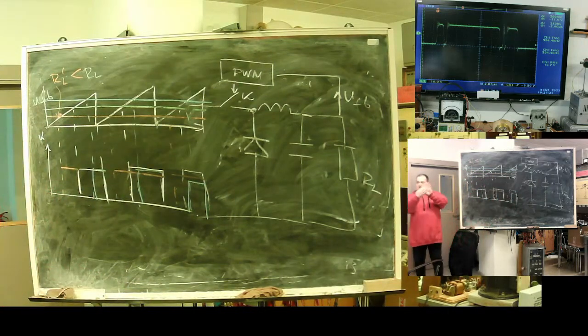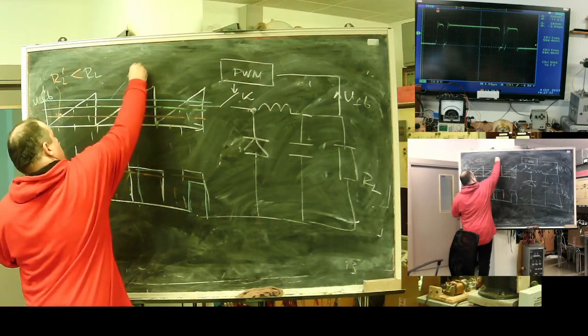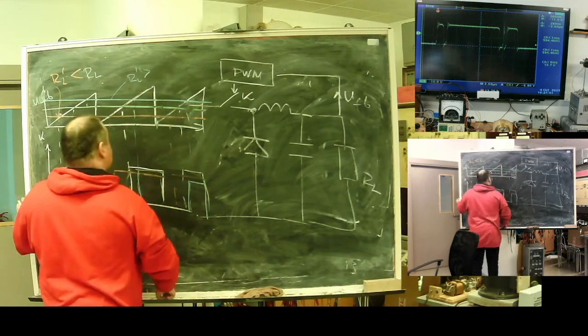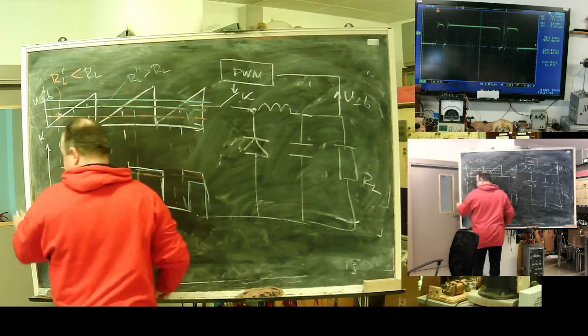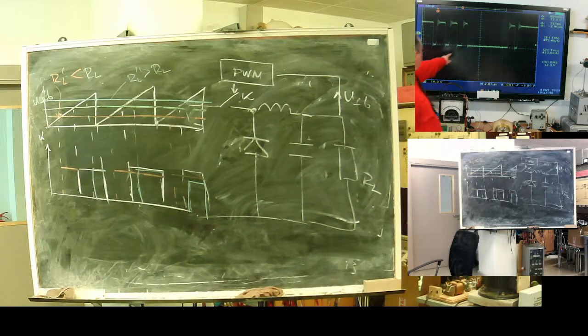Width of pulse decreases. The blue one is twice greater than the green. Here it is. 1, 2, 3, 3.5. Pulse decreases, and the amount of energy sent to the coil also decreases.